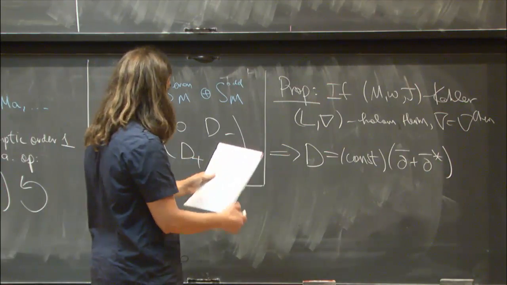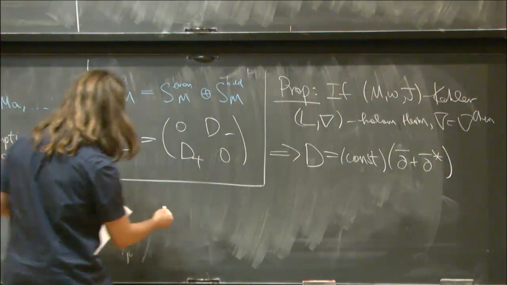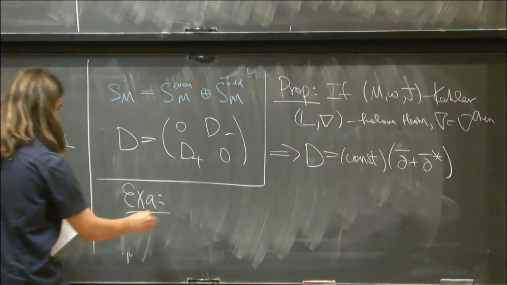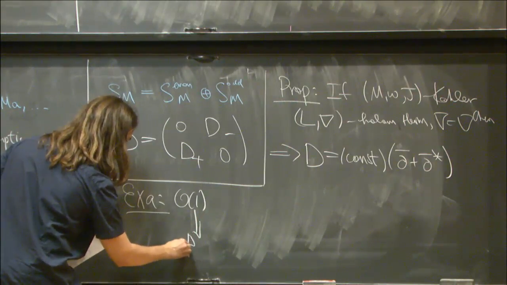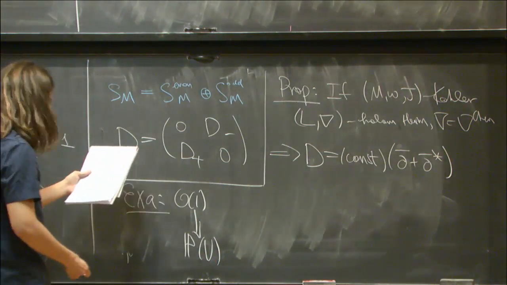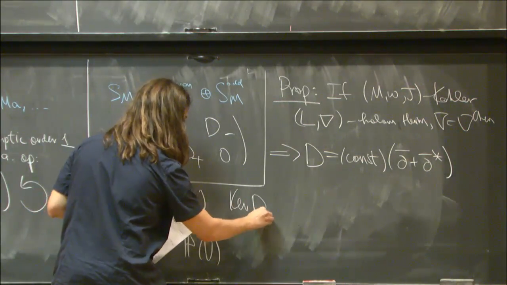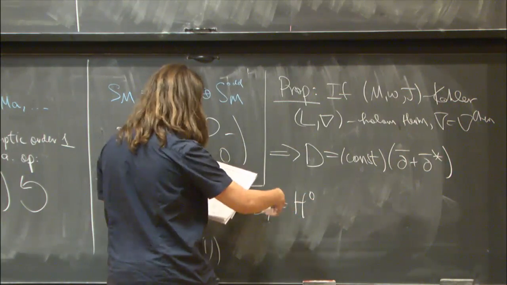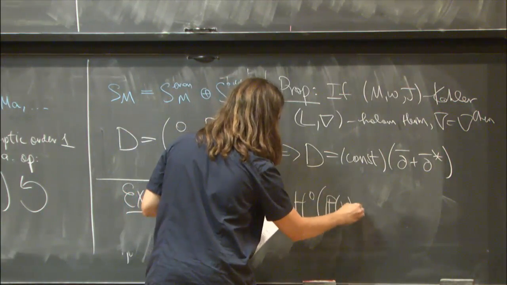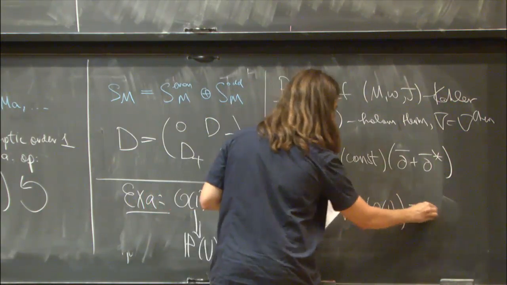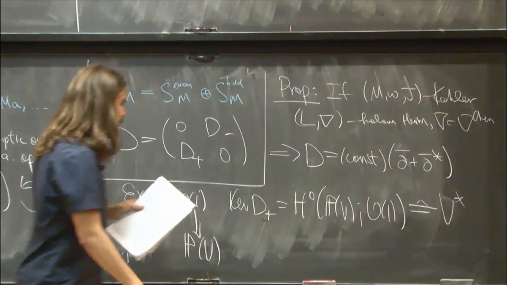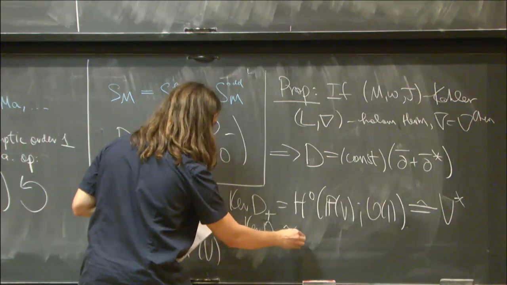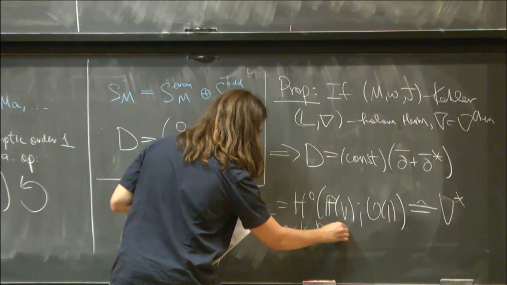Okay, and so as usual, we have an example for O1 over CP^n. So O1 over P of some vector space V, then the kernel of D plus is canonically H0 of O1, which is canonically V star, and the cokernel of D plus, which is isomorphic to the kernel of D minus, is 0.